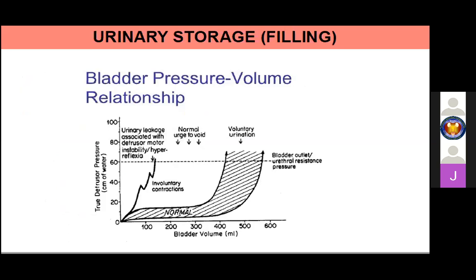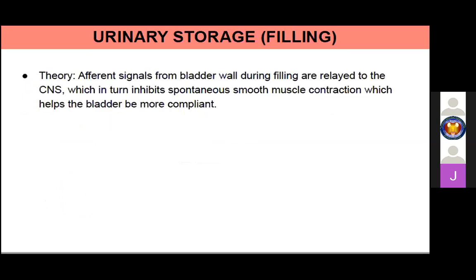Next. As you can see in this picture, it basically tells you the relationship between the detrusor pressure and the bladder volume, where expulsion can change due to the increase in pressure. Next, please.